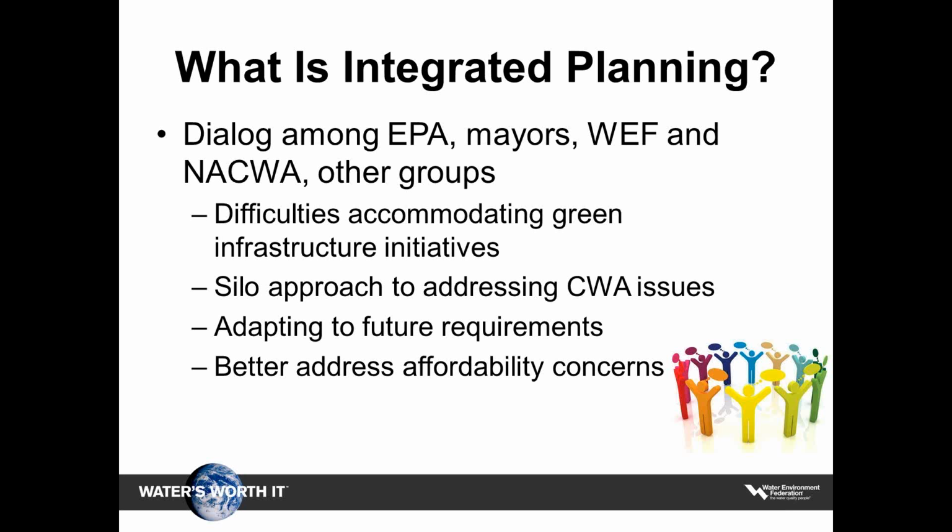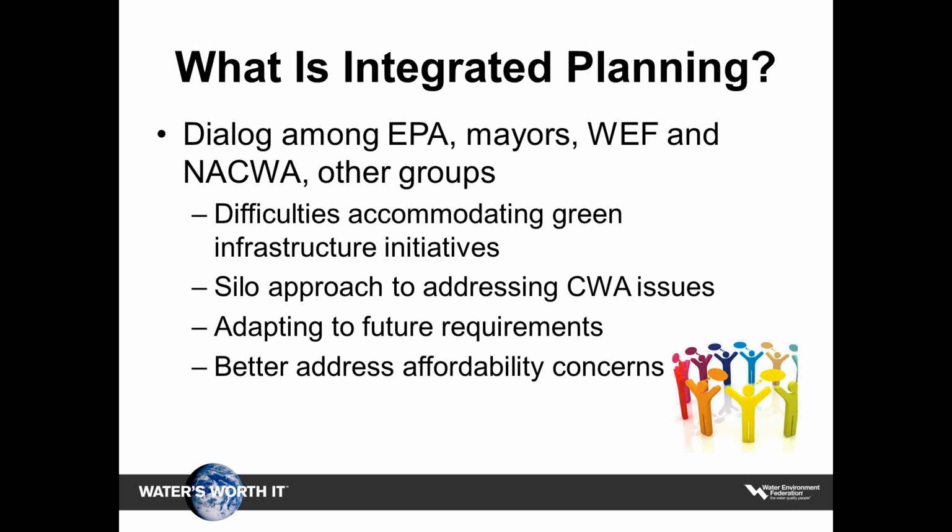There just wasn't a good mechanism to incorporate those future requirements into decision making. And communities across the country were concerned that the agency wasn't taking affordability issues into consideration and were really treating communities as criminals when they're just struggling to address all of their obligations with limited resources.